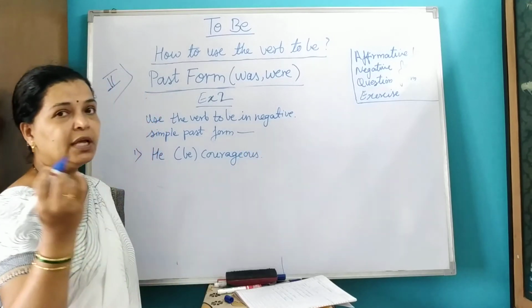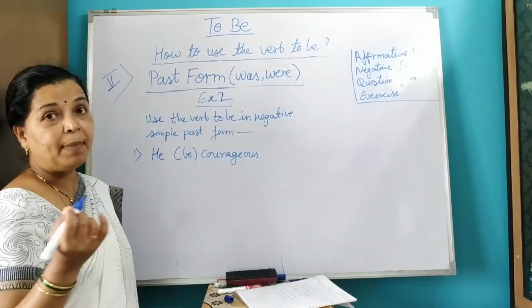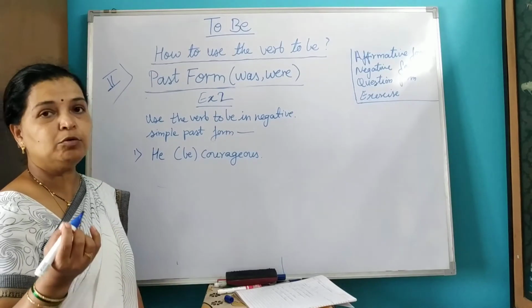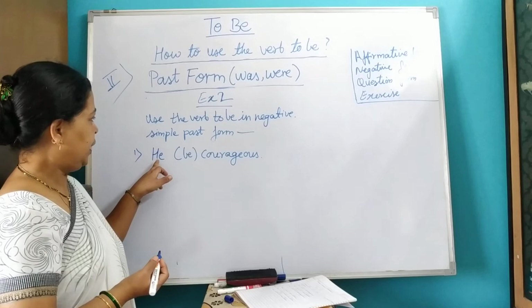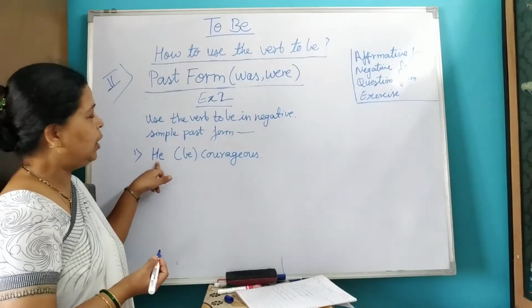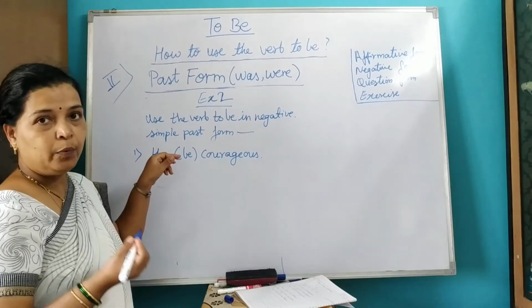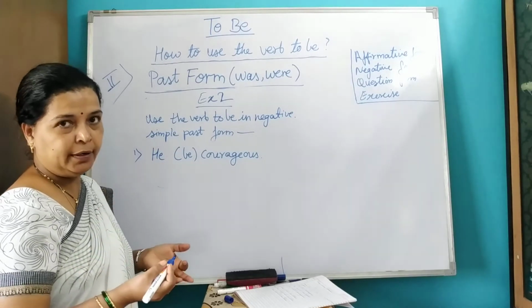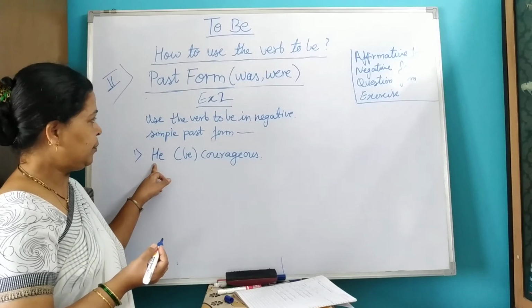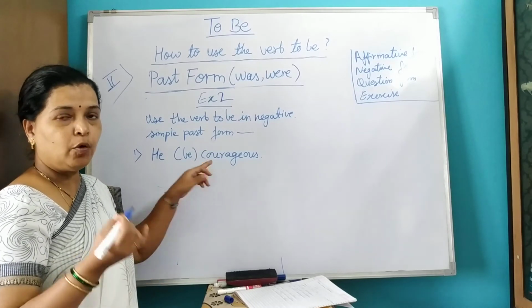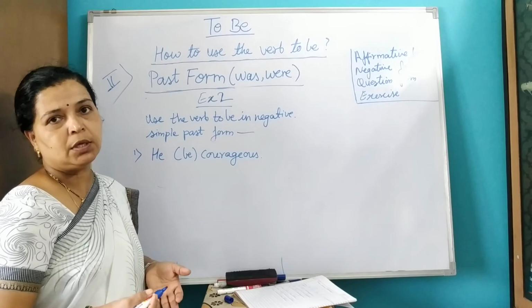We have to use negative simple past form. Means we have to make use of the negative word not in it. So he, third person singular. So he, we use was, add not to it, and contracted we use wasn't.